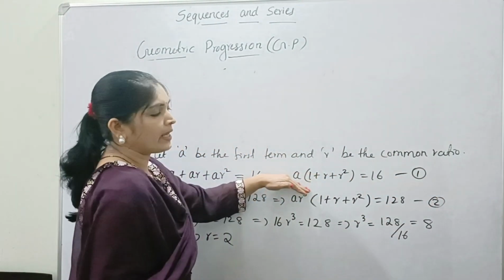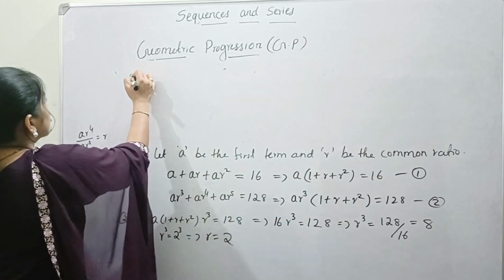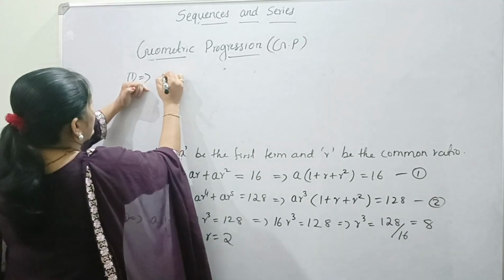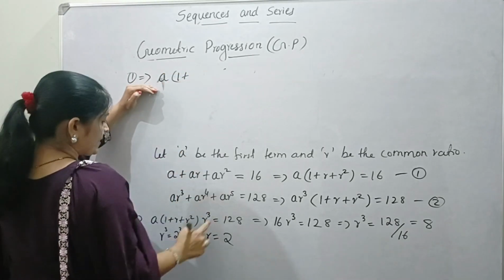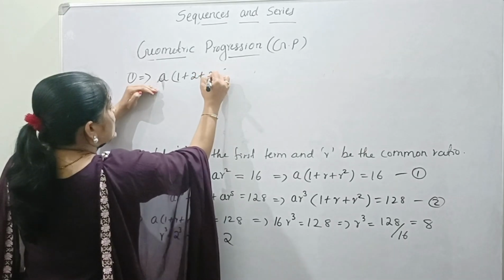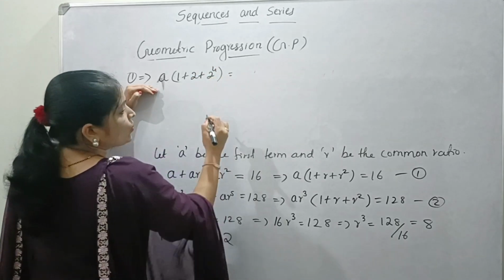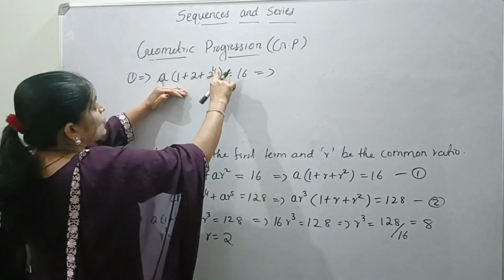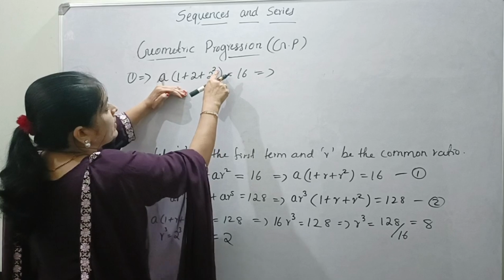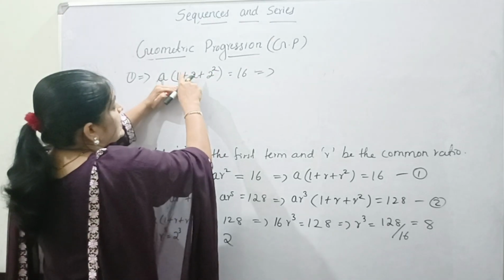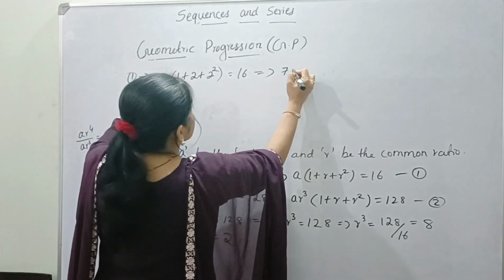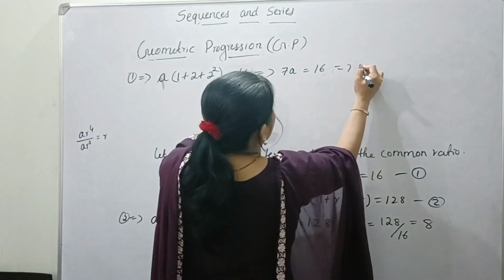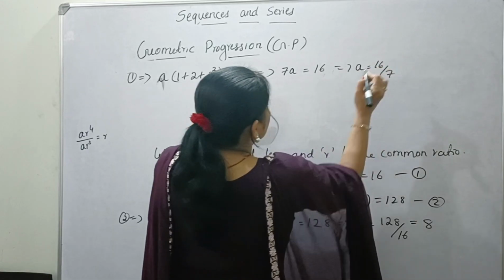Equation 1 gives a into 1 plus 2 plus 2 square is equal to 16. That implies, 2 square is 4, 4 plus 2 is 6, 6 plus 1 is 7. So 7a is equal to 16, that is a is equal to 16 divided by 7.